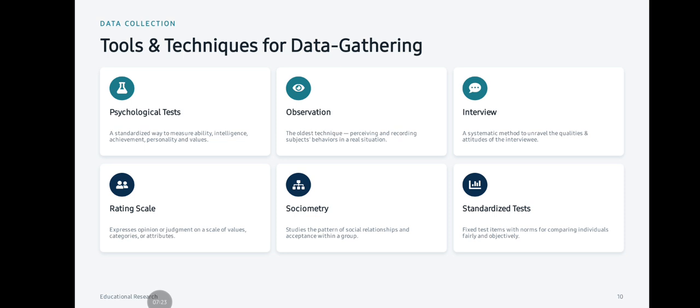Interview, a systematic method to unravel the qualities and attitudes of the interviewee. Rating scale, expresses opinion or judgment on a scale of values, categories, or attributes. Sociometry studies the pattern of social relationships and acceptance within a group. Standardized test, fixed test items with norms for comparing individuals fairly and objectively.